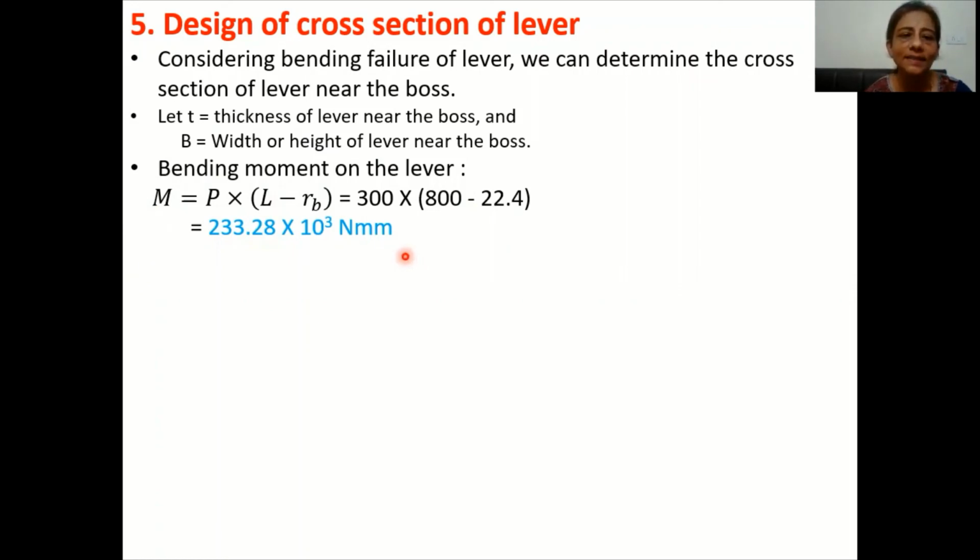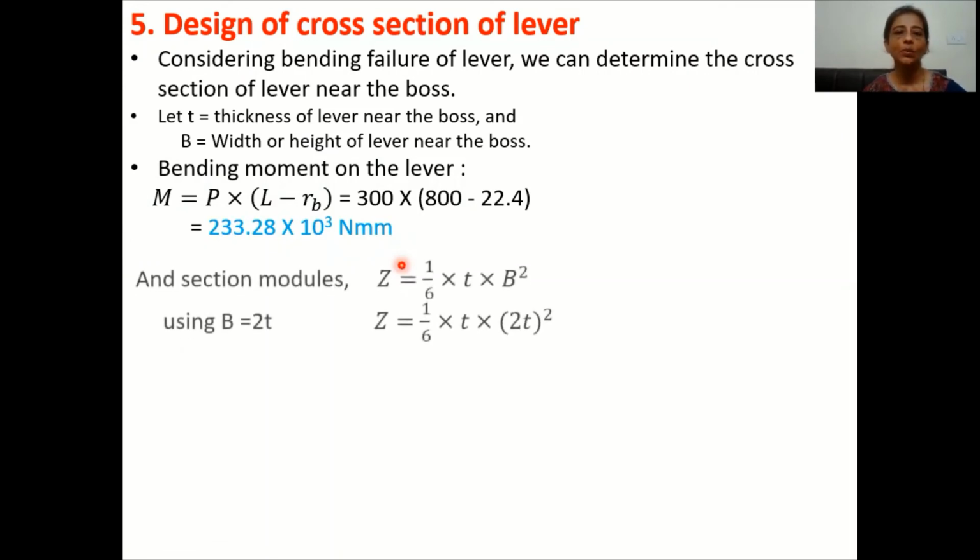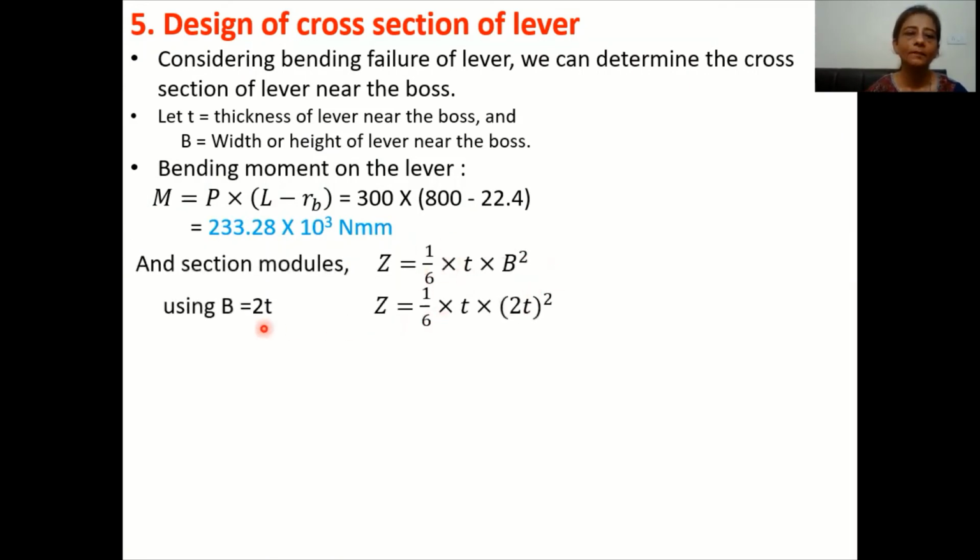Section modulus Z is defined as the ratio of moment of inertia to the distance of extreme fiber from neutral axis. For a rectangle section, Zyy is TB square by 6. If we use a relationship that B is equal to 2T, then Z comes as 4 by 6 T cube.